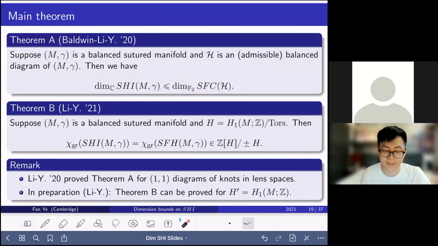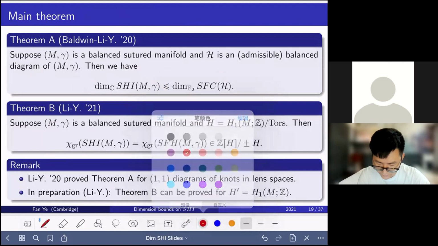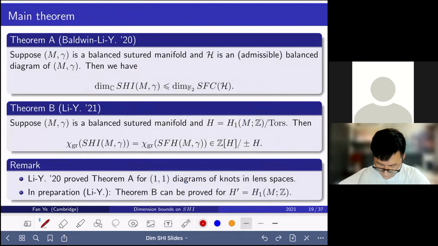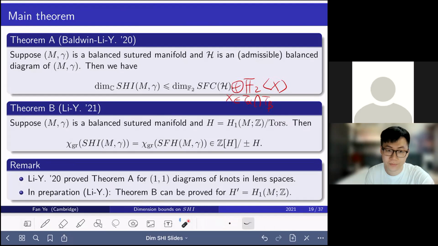Remember that the chain complex is generated by the intersection points x in T_alpha intersect T_beta. We can describe the generators explicitly and just count the dimension.